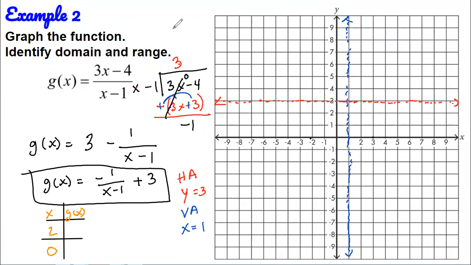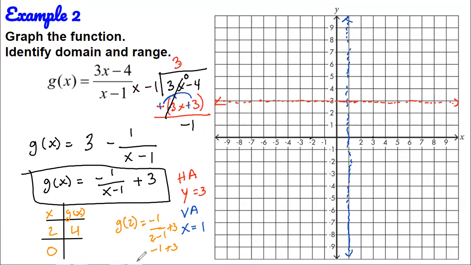Let's go ahead and see. G of 2: -1 over 2 minus 1, plus 3. This should give me -1 over +1, which is -1 plus 3, which is +4.